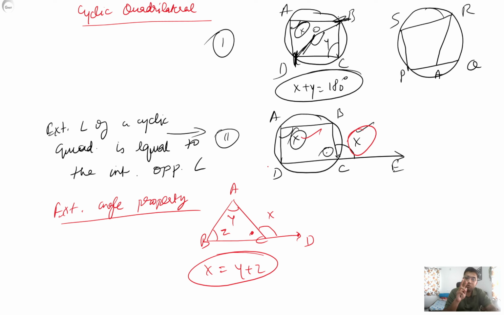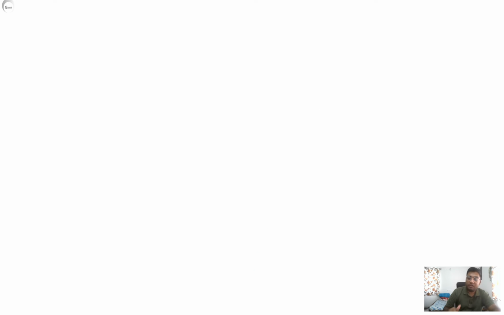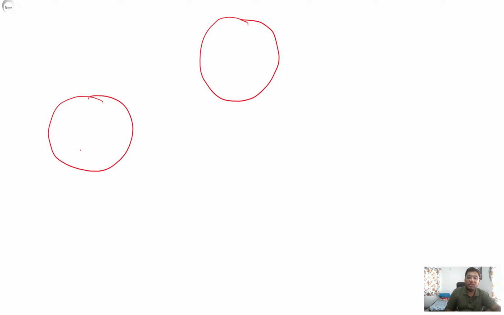There is one or two more theorems related to chord properties, but not finding the sides. Let's talk about that. Not one or two, just one. So you remember in chord properties, we have already seen that if there are two chords which are equal in length, they make equal angle at the center, correct? I hope you all remember that.